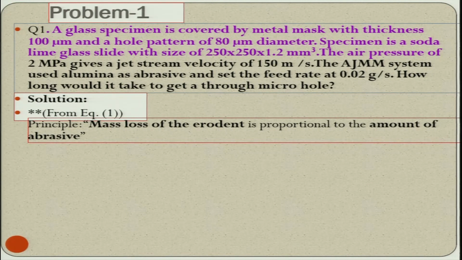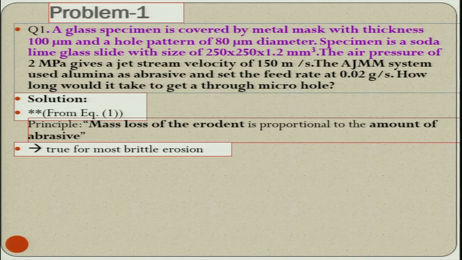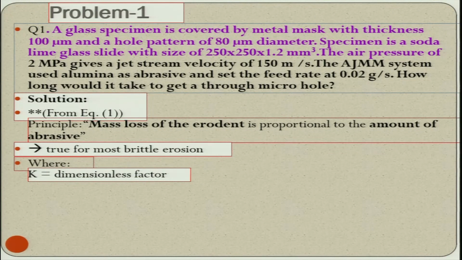This is the assumption, and based on this that equation is derived, and it is true for most of the brittle materials erosion, and we are discussing here the soda lime glass, which is also a brittle material. Hence, this equation 1 can be applied.